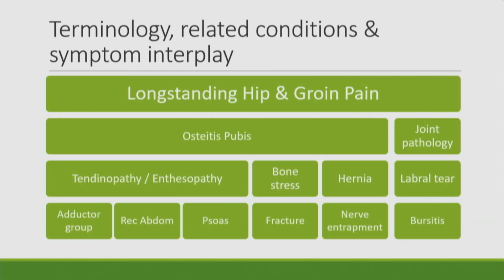And then we've got the other conditions like hernia and nerve entrapment, which are not as common but still can be implicated. And so this term can often encompass a few of these conditions that are intertwined. And we'll talk more about that in a second about how some other things can come into play. But it's just worth looking at terminology first and understanding what we're going to be talking about today.